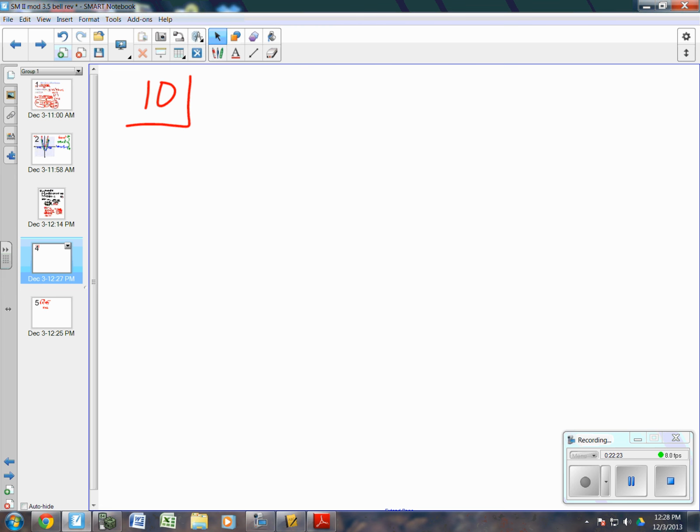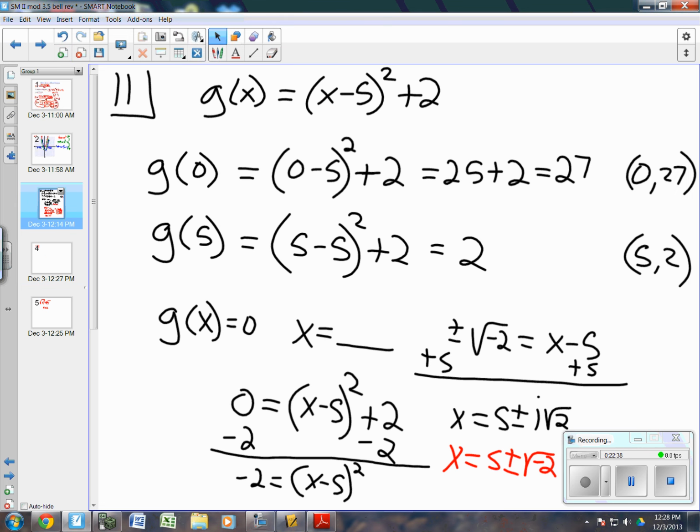I want all eyes right here because we have done so many problems just like this in this class, and some of you guys still don't know what the notation means. Like on the one we just did, number 11. When it tells us to find g of 0, that means 0 is going in for x, right?